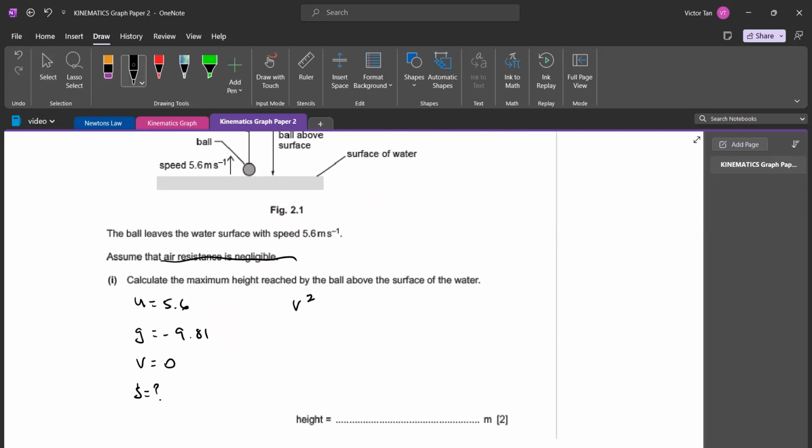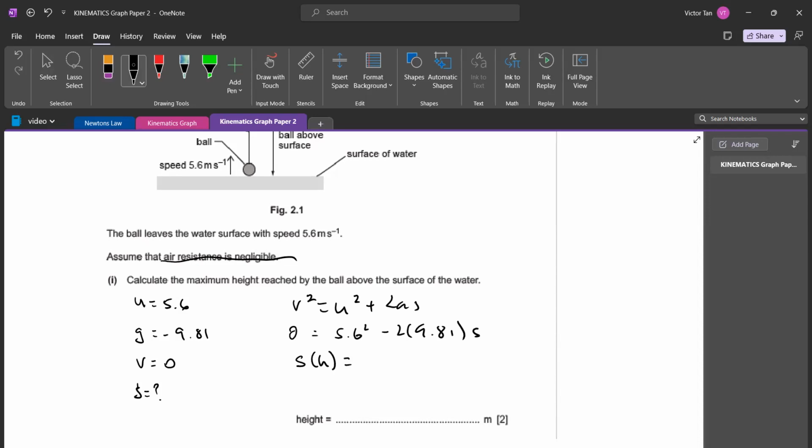So the formula used is v squared equals u squared plus 2as. So 0 equals 5.6 squared minus 2 times 9.81 times s or h.